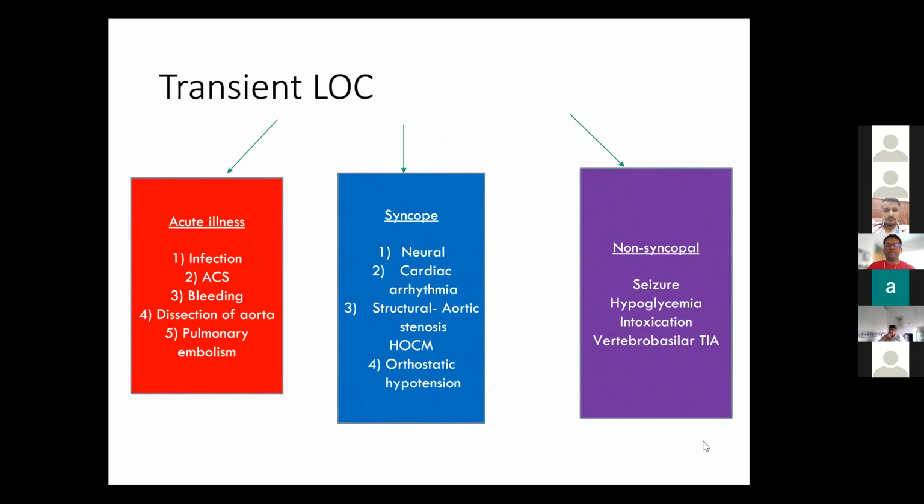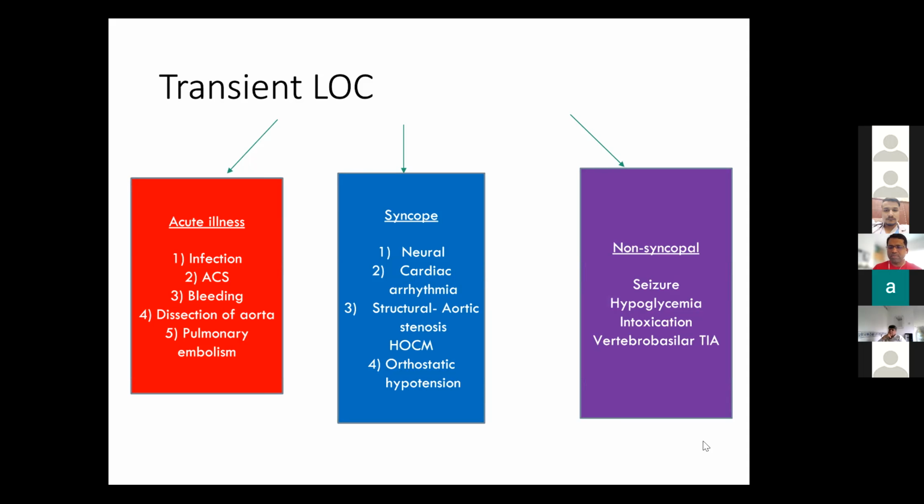Excellent. So, in other words, what I was trying to say earlier, I'm just putting in this simple slide. Transient loss of consciousness includes syncope, which can be neurally mediated, cardiac arrhythmia, structural, or orthostatic hypotension. It can be a feature of acute illness, a sudden cardiovascular problem, a massive stroke, any metabolic reasons, or any seizure activity.